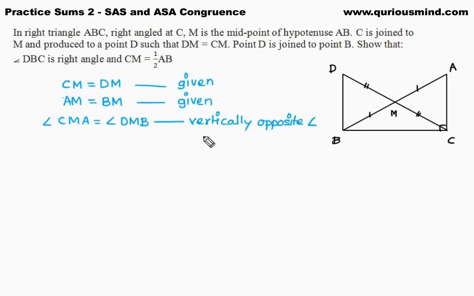They are vertically opposite angles, and from this we can see that these two triangles are congruent using side angle side congruence. Since the triangles are congruent, the corresponding parts are going to be equal, and that gives me BD is equal to AC.